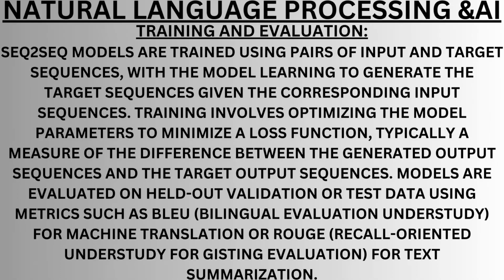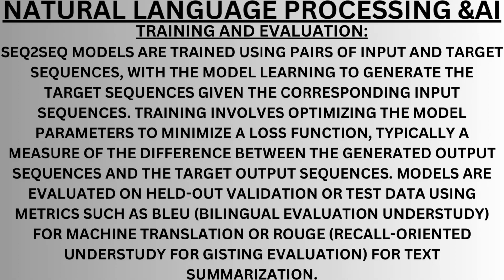Training and evaluation. Sequence-to-sequence models are trained using pairs of input and target sequences, with the model learning to generate the target sequences given the corresponding input sequences. Training involves optimizing the model parameters to minimize a loss function, typically a measure of the difference between the generated output sequences and the target output sequences.